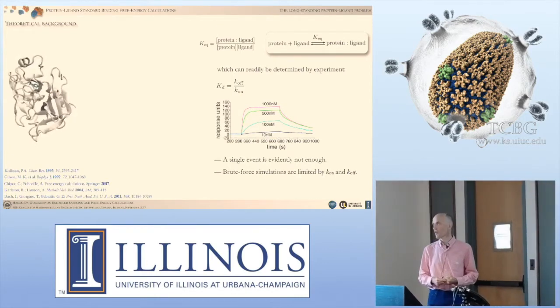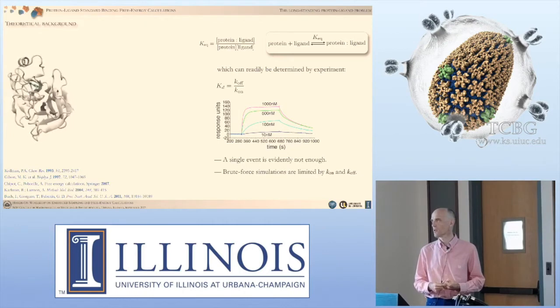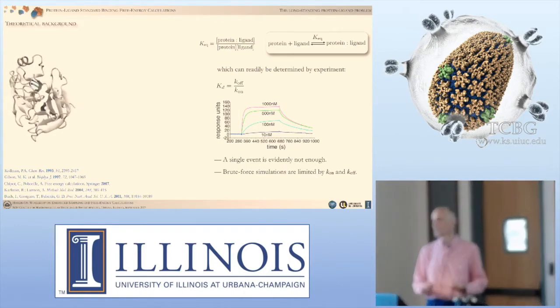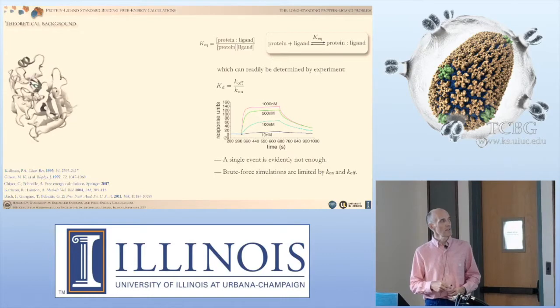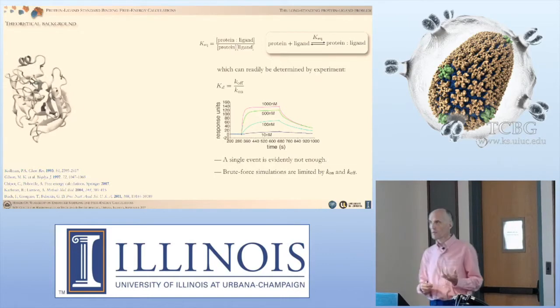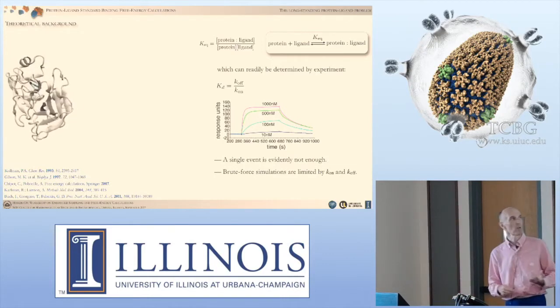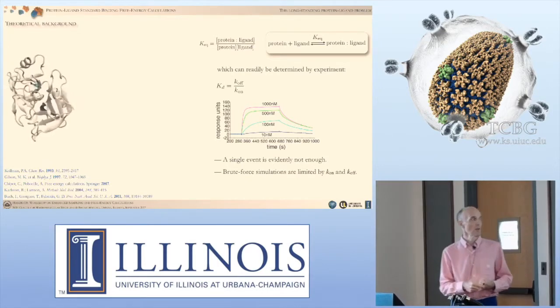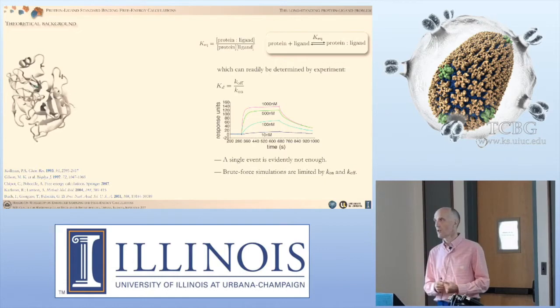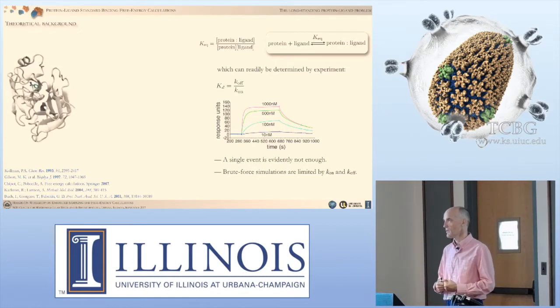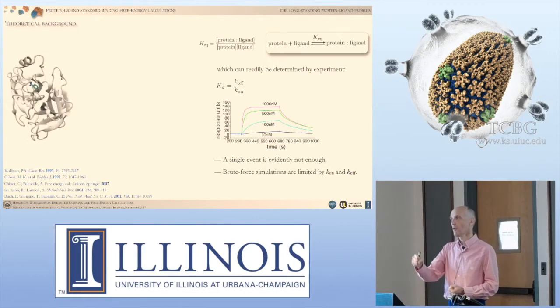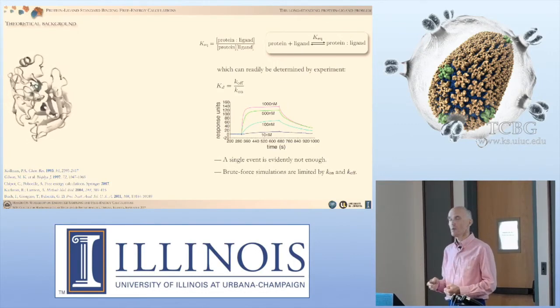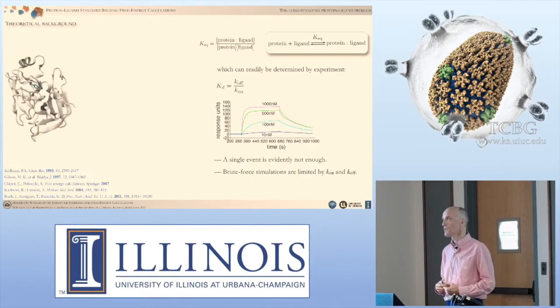So he did like 500 100-nanosecond simulations to get enough statistics. Because you can envision tackling the problem from a pure brute force MD calculation, trying to access the k_on and the k_off, the rate constants for binding and for unbinding. And so the ratio of the two gives you the dissociation constant, and hence the binding free energy.